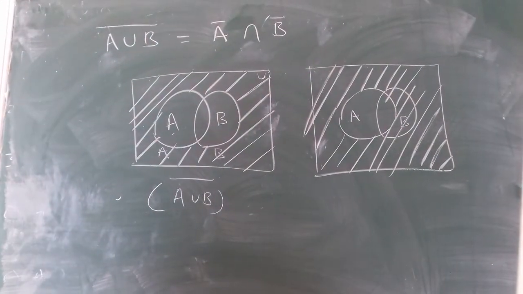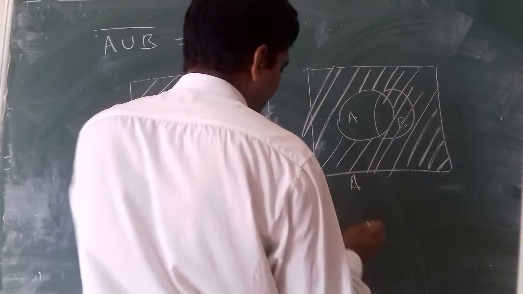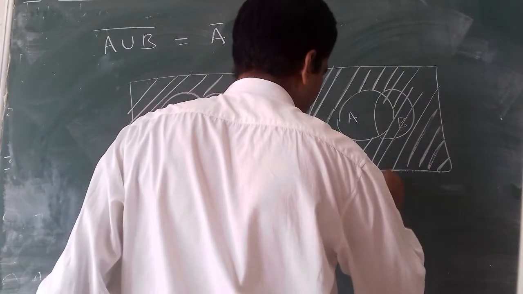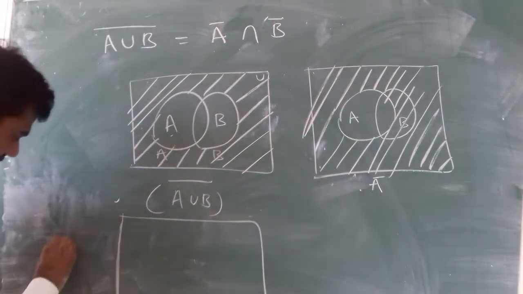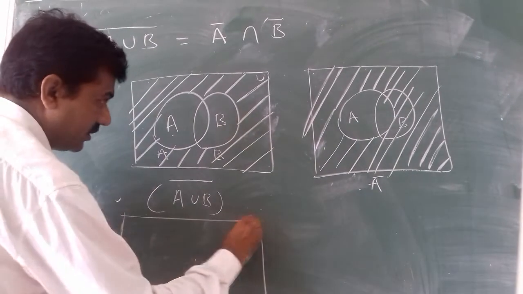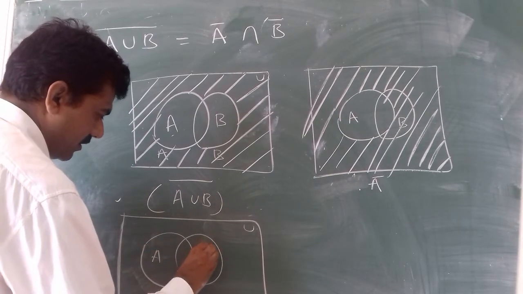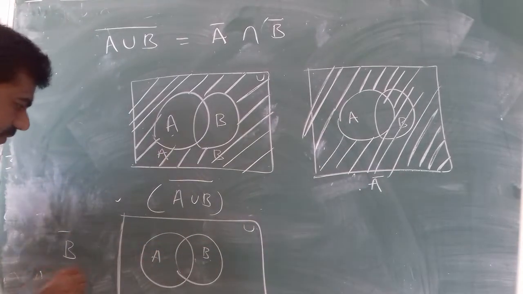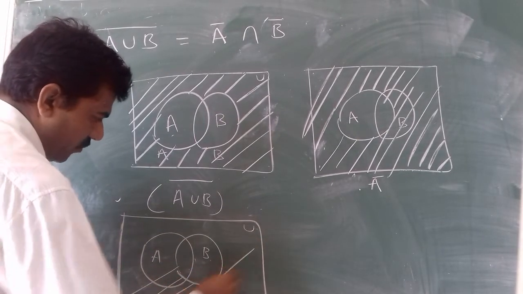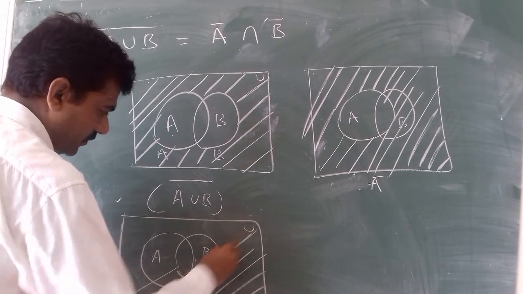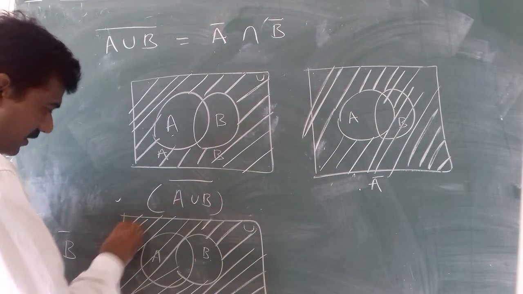This is A complement. I will write here the B complement. Universal set. This is the A set, B set. B complement is what? That is the portion outside of B. This shaded portion is the B complement, right?